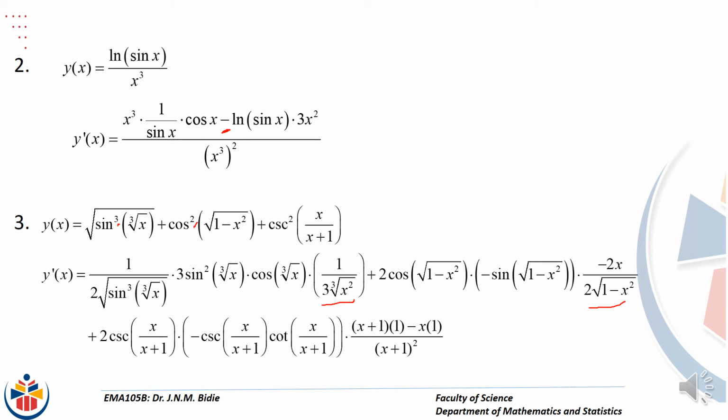Then we have x plus 1 into 1 minus x into 1 all divided by x plus 1 all squared. Remember, quotient rule requires that you take the denominator up, multiply it by the derivative of the numerator, minus the numerator times the derivative of the denominator, and divide all those terms by the denominator squared.